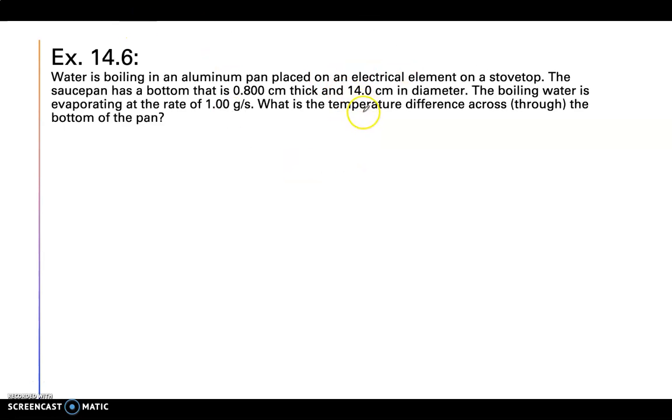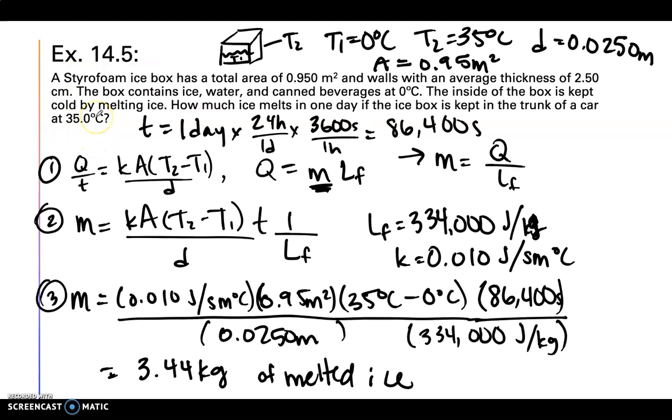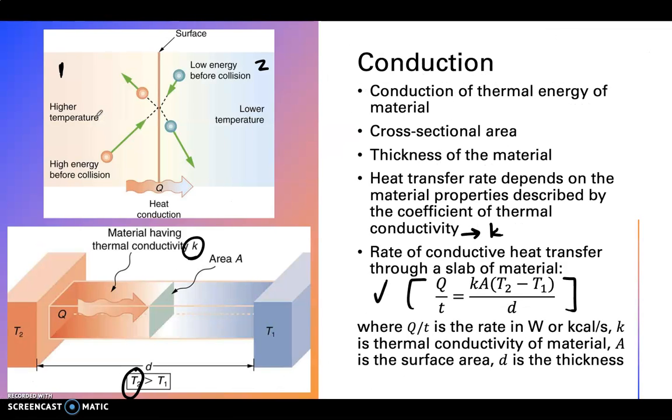Okay, so we're looking for some kind of delta T here. I like to write down what I want to know first. Looking back at our equations, delta T is T2 minus T1, and so we want to know that temperature difference.